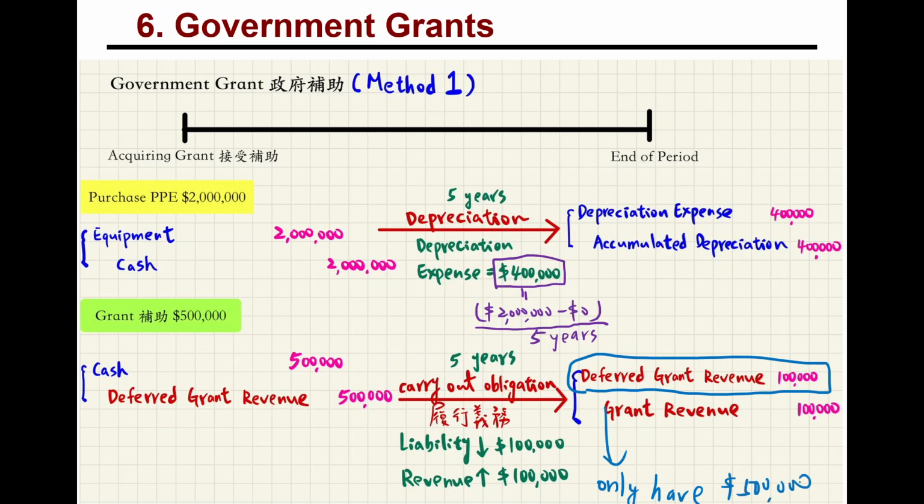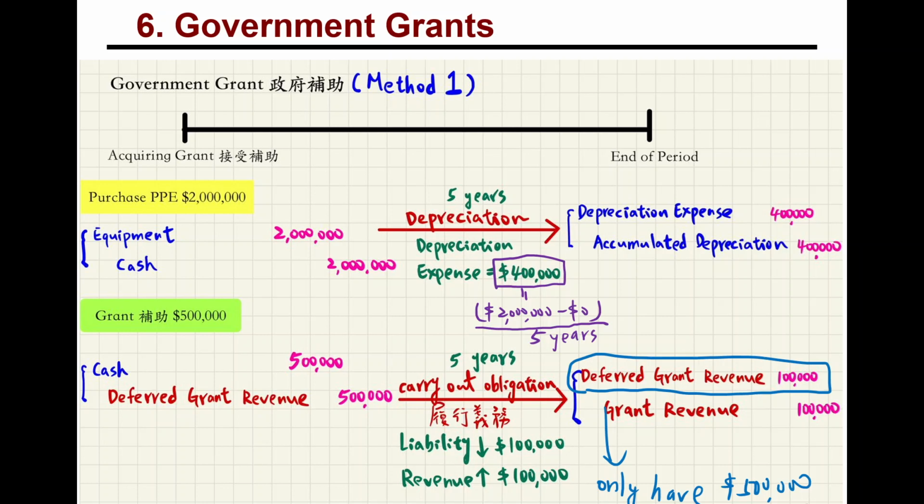Before, 500,000. Right now, decrease 100,000. So you only have $400,000 liability, right? Okay? Before 500,000 liability. After 1 year, liability decreases 100,000. So you only have liability $400,000. Okay? So any questions for the number?